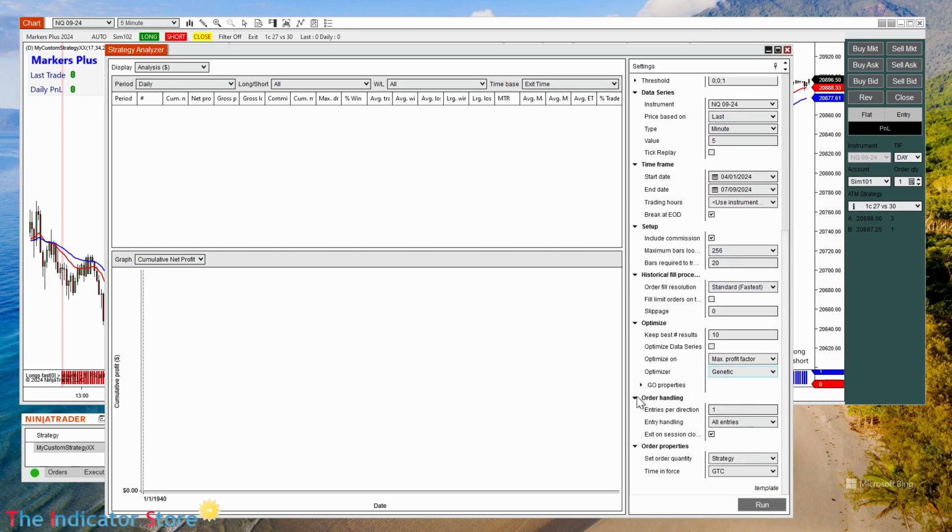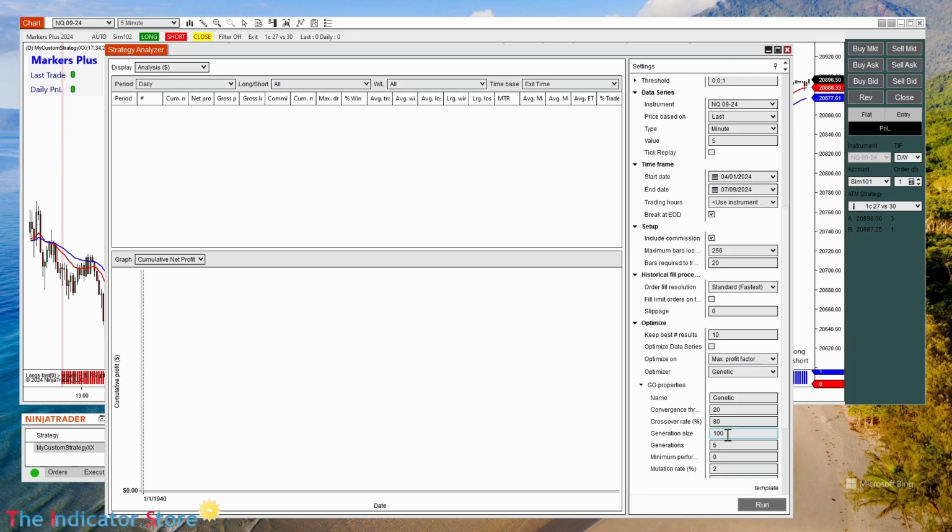On the genetic, instead of testing all the possible combinations, we select from those 11,000 combinations randomly what we set on generation size. For example, 100 random combinations of those 11,000, okay? Random.